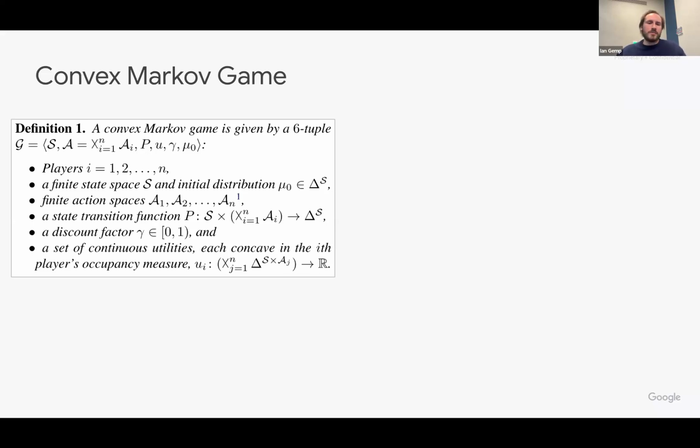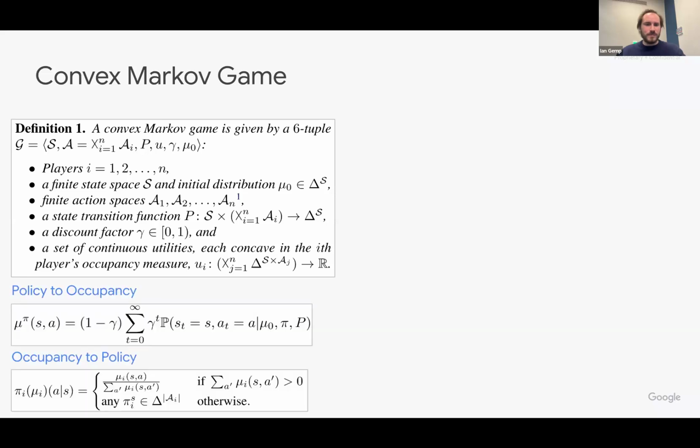The fact that we're allowing more general utilities is what allows it to be what we're calling a convex Markov game, even though these are concave. It's just that we'll think about losses instead of utilities, but it's the same. And then there's a mapping that takes you back and forth between policies and occupancy measures.